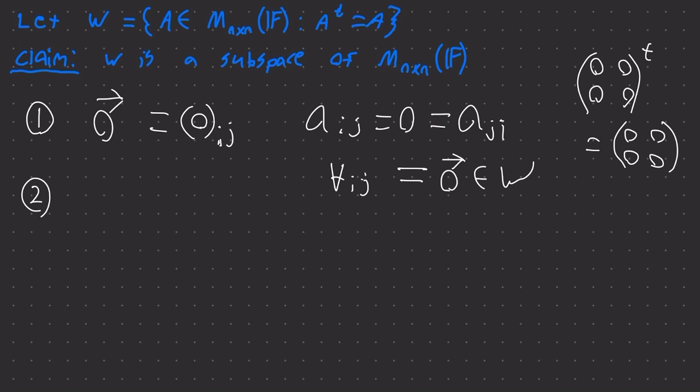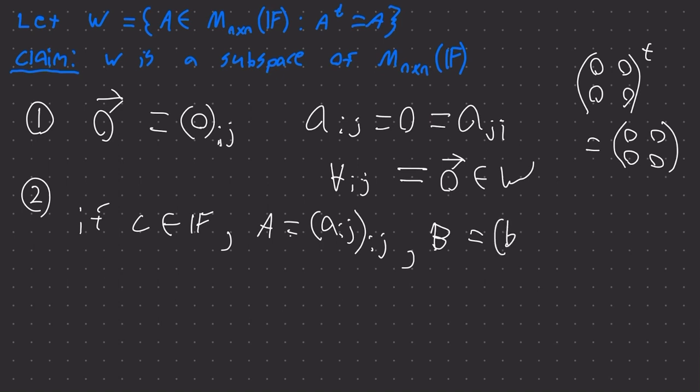This is where we check multiplication and addition, and we can do that in one step. If c is an element of the field F, and A equals A_ij, a matrix of any size, and B equals B_ij, again a matrix of any size, and both of these are elements of W, that's important.